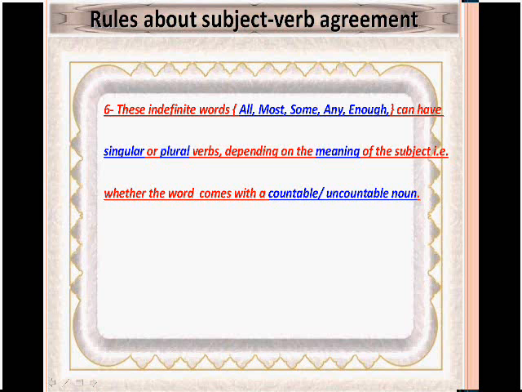If the subject is countable, and of course you know what is meant by countable, means nouns that I can count. I can say 1, 2, 3. And uncountable nouns are the nouns which I can't count, like of course time, money, rice, water, air, and so on.